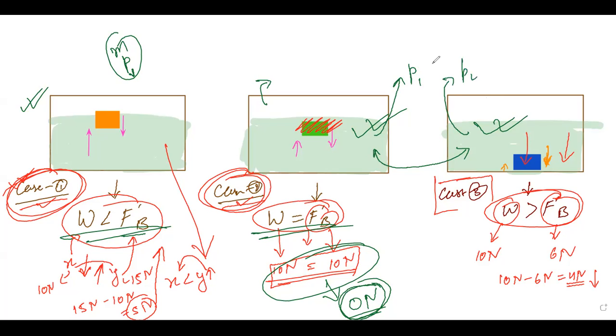So over here we can say the density of the first liquid is greater than the density of the second liquid. Because of this, the first liquid is exerting more buoyant force in the upward direction than the second one.